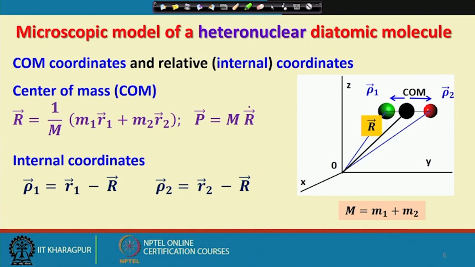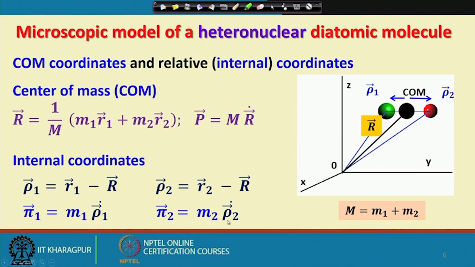Therefore, in this system we will say that atom 1 is now moving with a momentum which is given by m1 into rho 1 dot, and atom 2 is moving with another momentum, that is m2 into rho 2 dot.